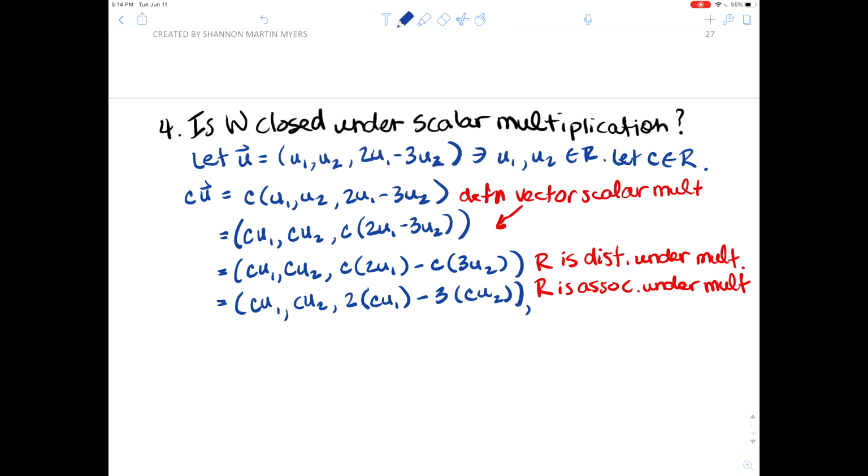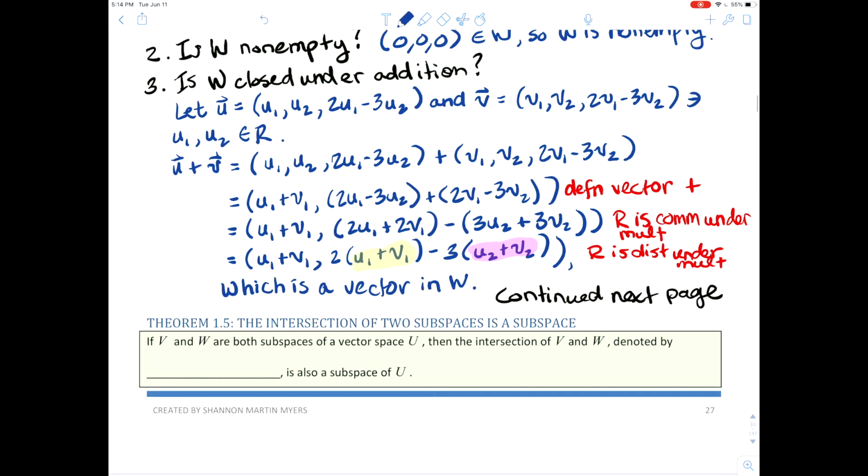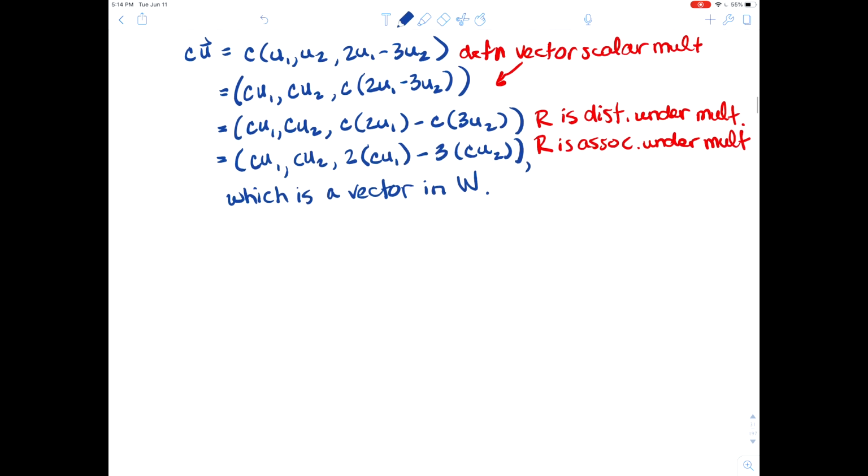And isn't this a vector in W? So we're good there, right? So all 4 things worked out, and so we've shown, therefore, W is a subspace of V.